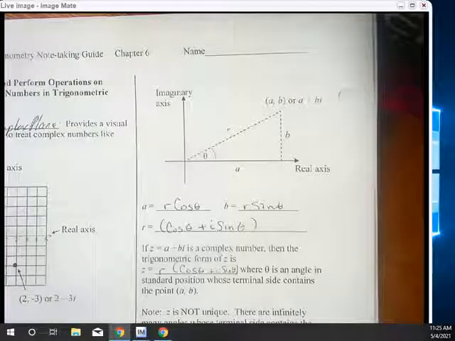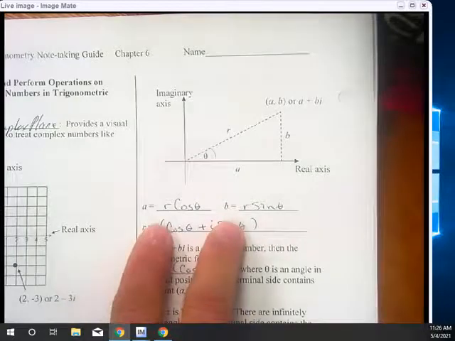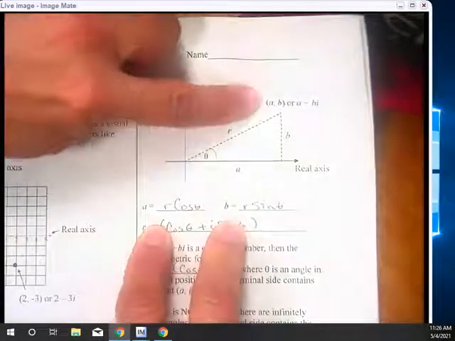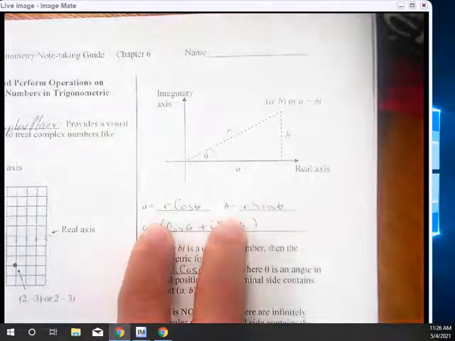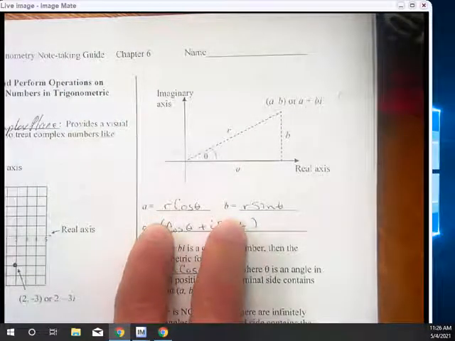When you had your horizontal vector, you would multiply it by r times the cosine of theta. And if you were doing the vertical, it would be your r times your sine of theta. So we're going to do the a and b value, which is the a and b of the complex number. It's going to be the same idea as finding the horizontal and vertical components of your vectors.